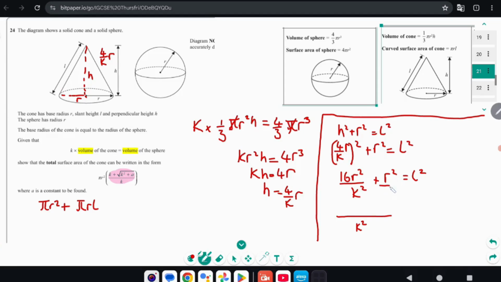So at the moment it's 1 as a denominator. I can leave 16 r squared, it's already over k squared. 1 times k squared is k squared, so I need to times my numerator by k squared, which gives us 16 r squared plus r squared k squared, or k squared r squared, all over k squared.